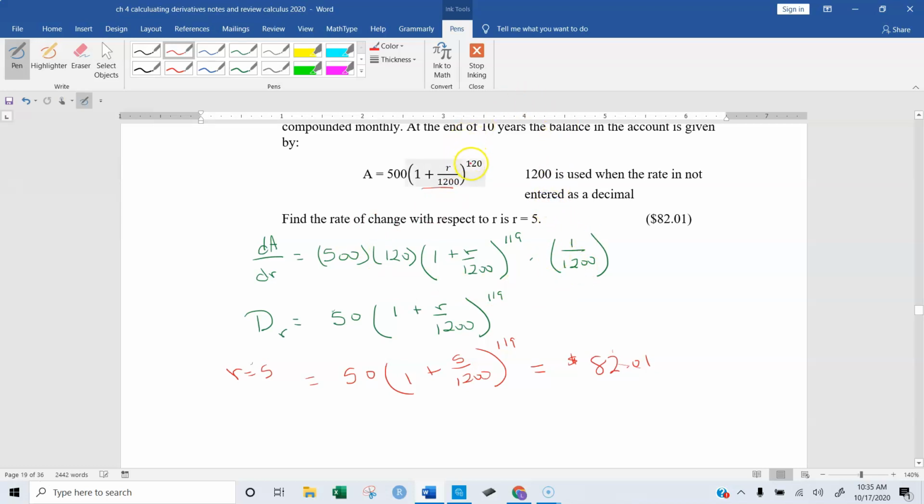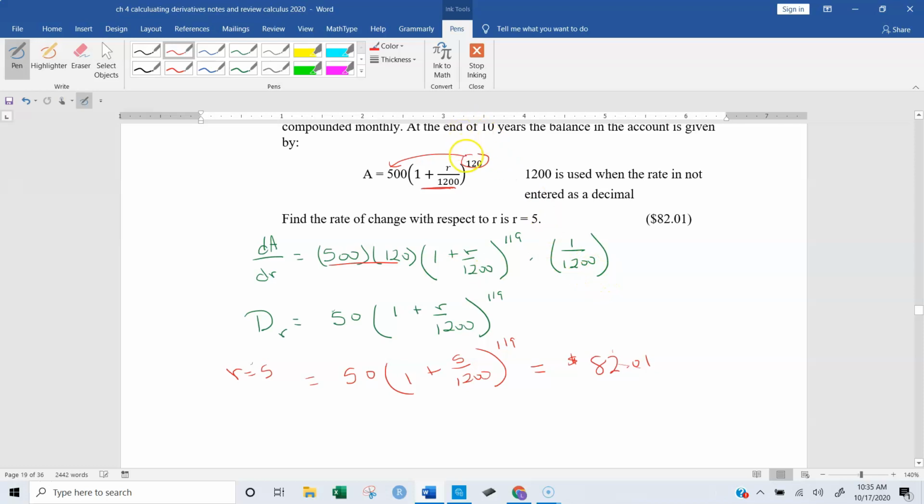Okay, the way you do this is you take the exponent times the coefficient, so 500 times 120, leave the inside, which is your u, and you reduce its power by 1, so 119. Then what you're really doing is multiplying that by the derivative of u, which is 1 over 1200. So you can do this in one step if you understand.